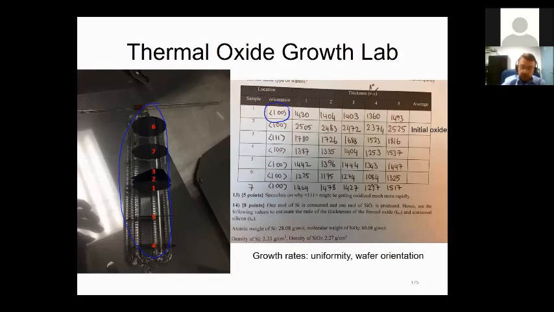You see 111 gave us a much thicker oxide, this is all in angstrom, so it's like 178 nanometers, as you can see. Comparatively, the 100 with fewer of those bonds available brought us about 0.14 micrometer.